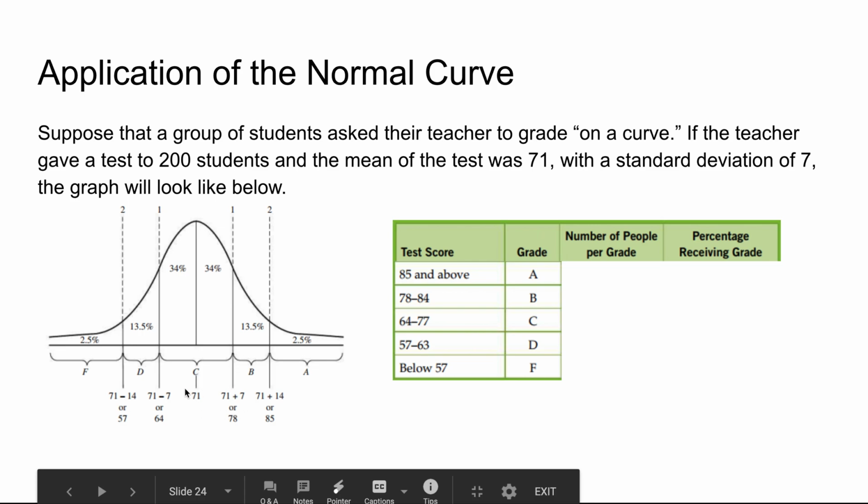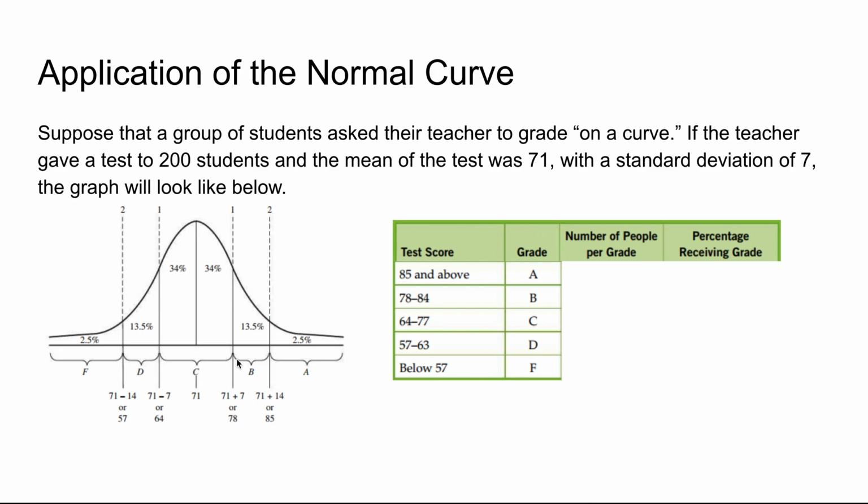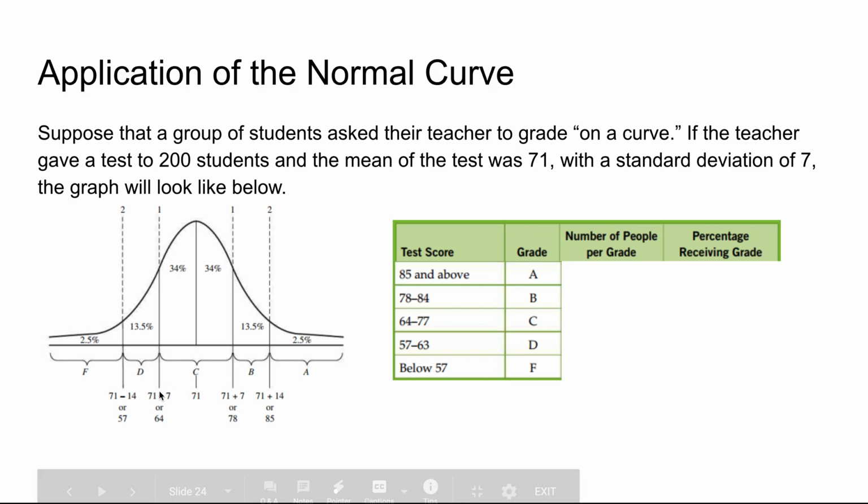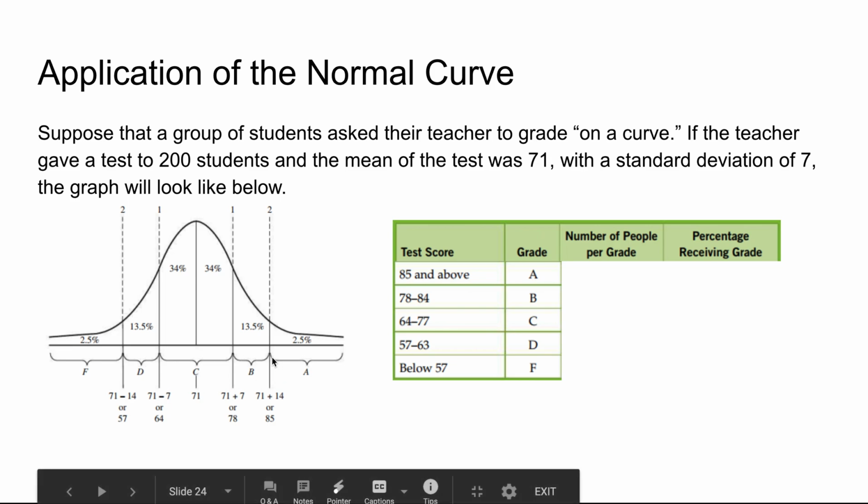Okay, so within 1 standard deviation, the upper part is 71 mean plus 1 standard deviation, 7. So 71 plus 7. The lower part here is 71 minus 7, or 64. And for 2 standard deviations, you can add double of 7, so add 14 or subtract 14 on the other side. That's 2 standard deviations, and you can continue to do that.